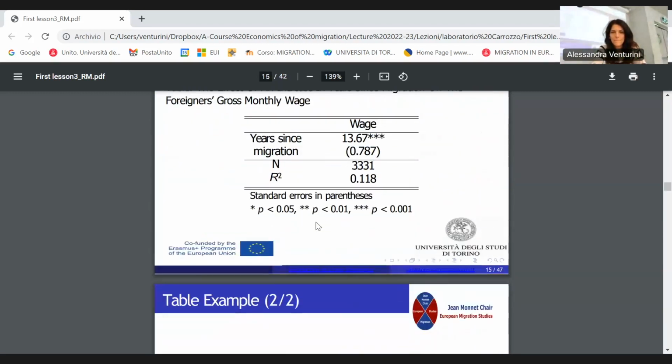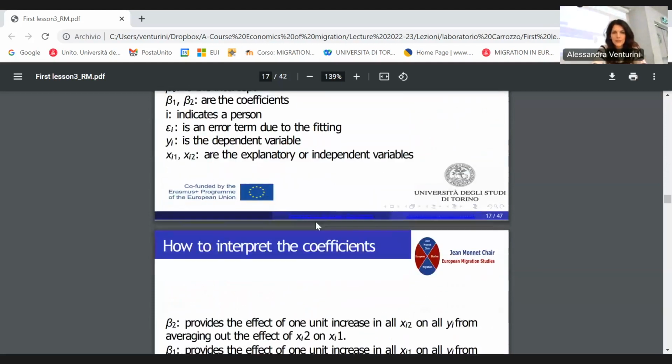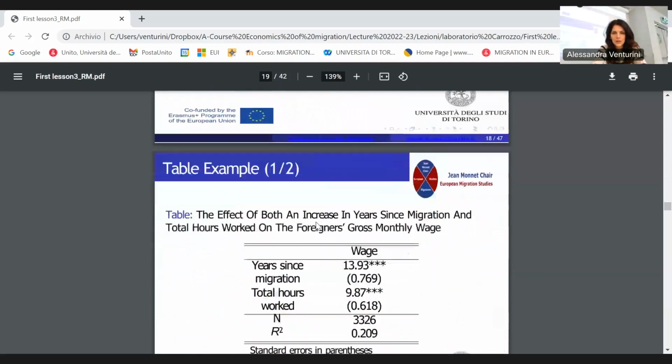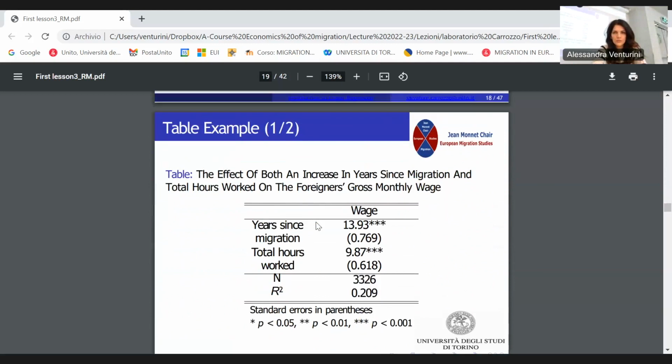Up to two variables, you can use a cube, with one variable on one side and the other variable on the other side. But it's very difficult to represent. The more variables you add, the more impossible it is. Let's go back to our main regression, the table regression.